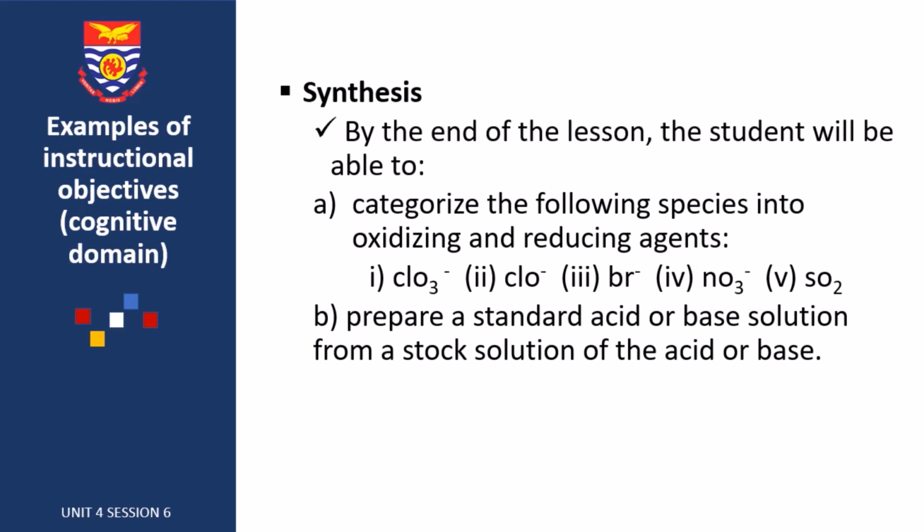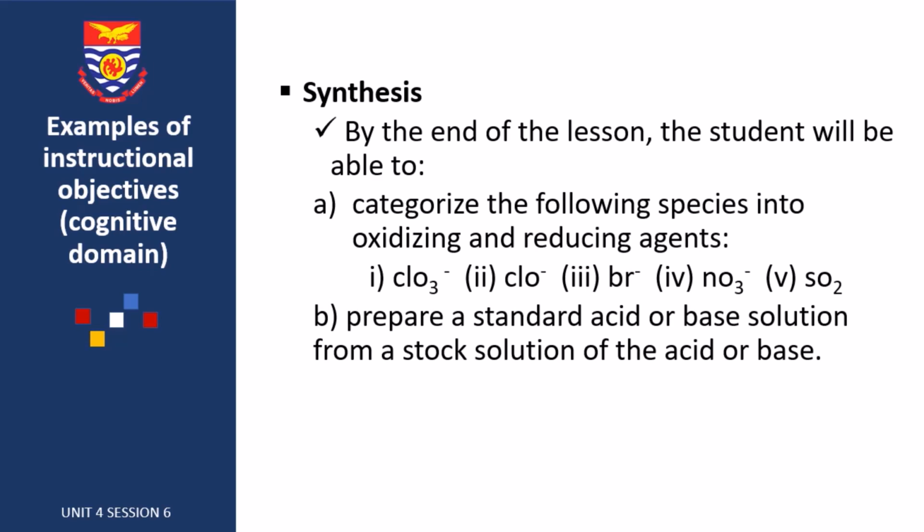And here, an example is, by the end of the lesson, the student will be able to categorize the following species into oxidizing and reducing agents. So we have these examples there that the students are going to categorize, and then they are going to categorize into oxidizing and reducing agents.